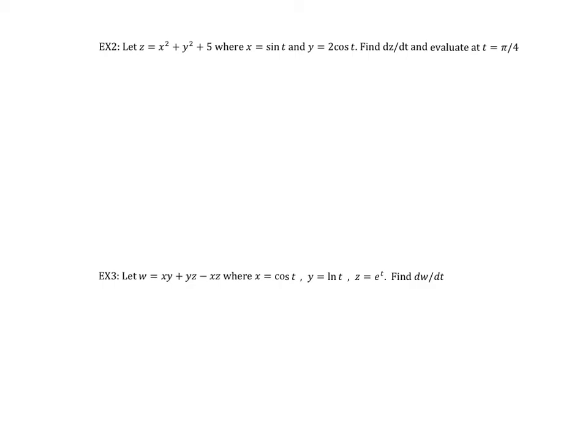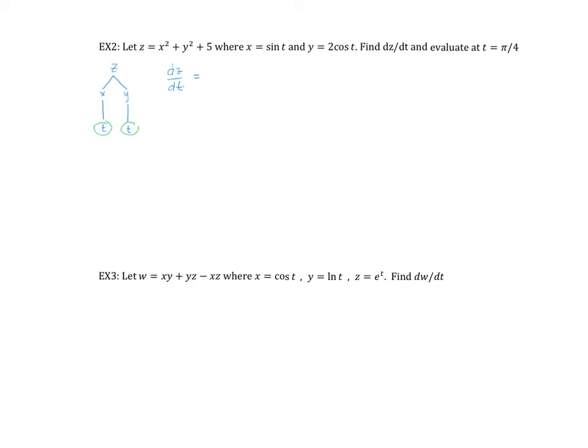I could draw myself a little diagram if I'm unsure of how to find the derivative. So z equation, the variables written are x and y. If I look at x, the variable is t. If I look at the function y, the variable is t. So I can see that to find the derivative of z with respect to t, I have my t values at the end of two branches, so I need two pieces.